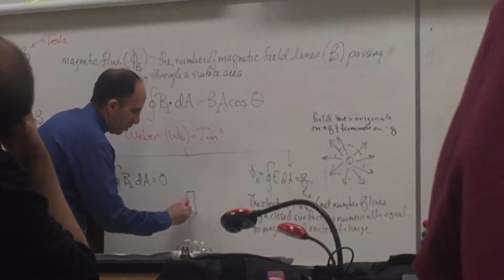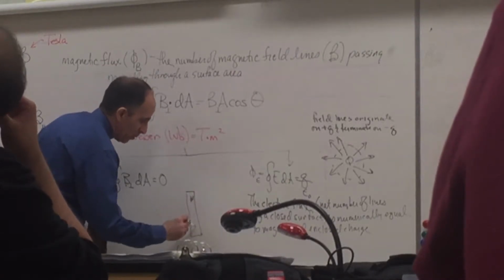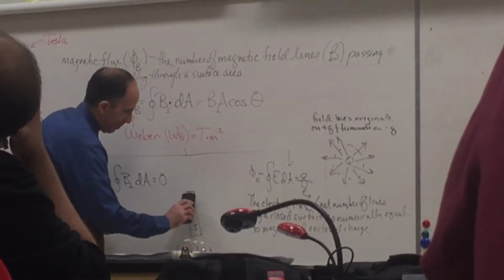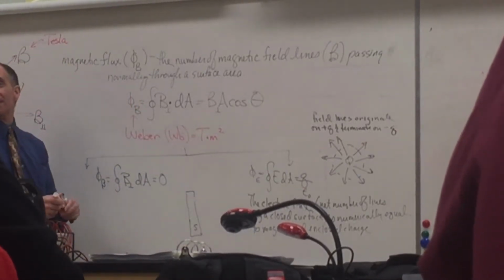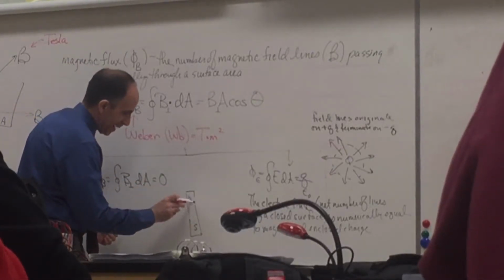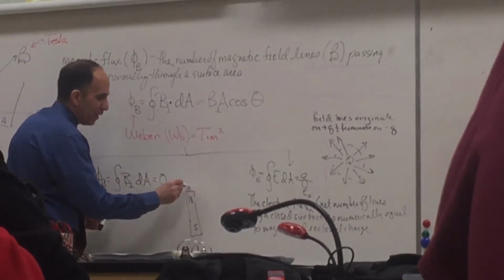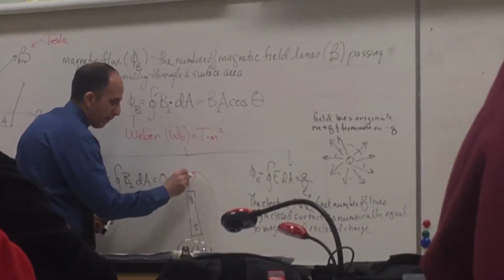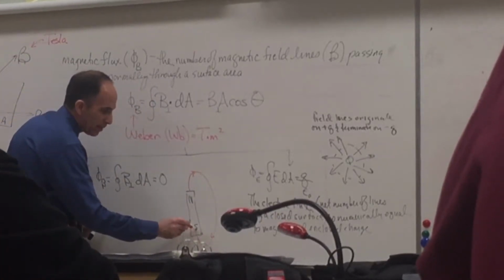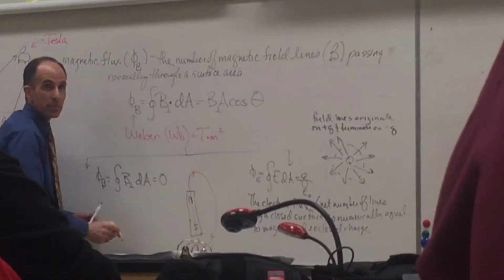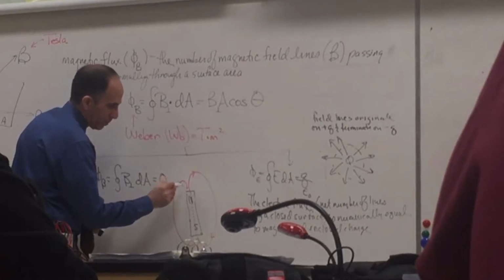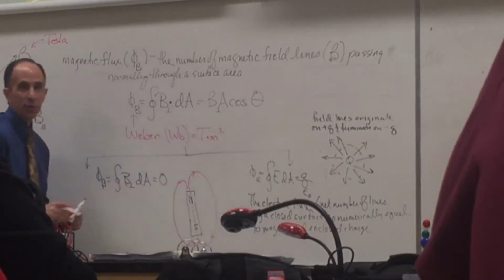Visually, I'll draw a little bar magnet here. What Joe is saying is, if you have a north and a south pole, the magnetic field lines are actually doing this. But what you don't see with a magnet is that they're actually going through the magnet.